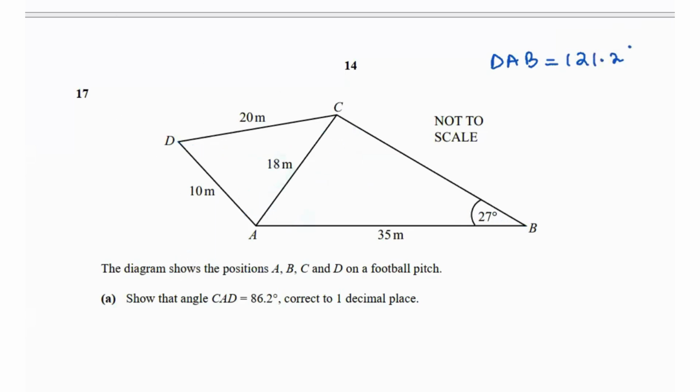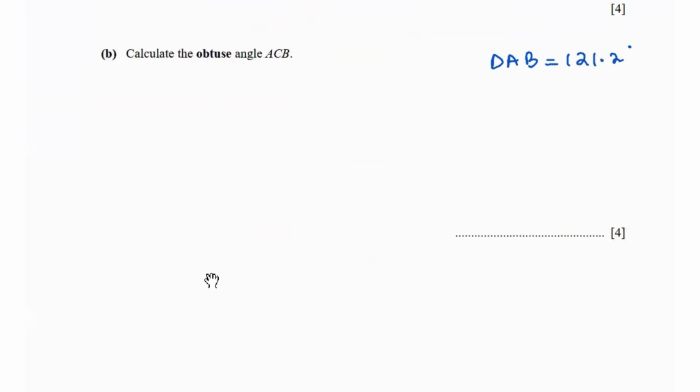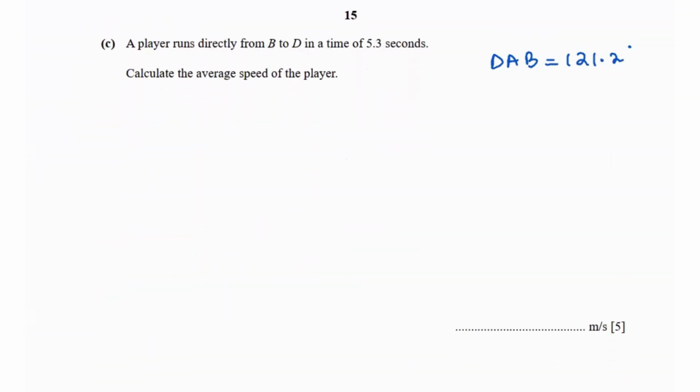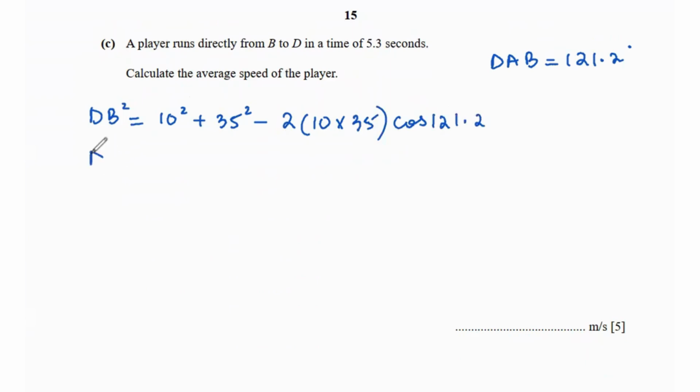so if we move this down, it's going to be BD squared equals 10 squared plus 35 squared minus 2 times 10 times 35 times cos of 121.2. So plug this in the calculator.